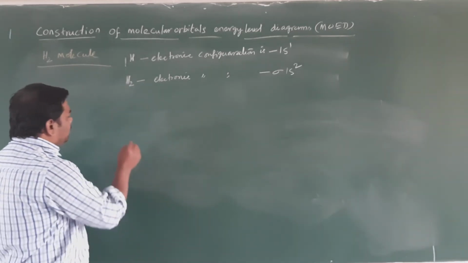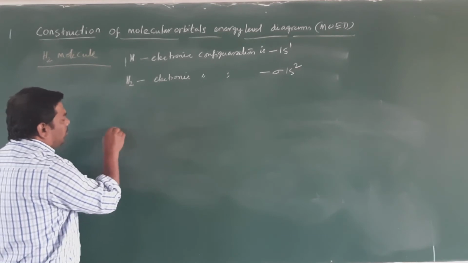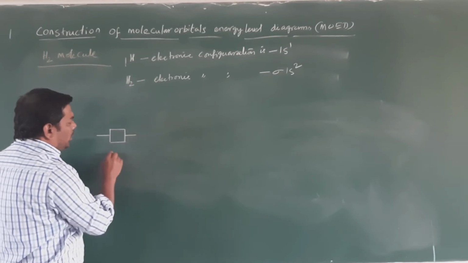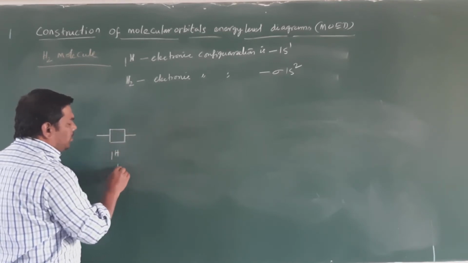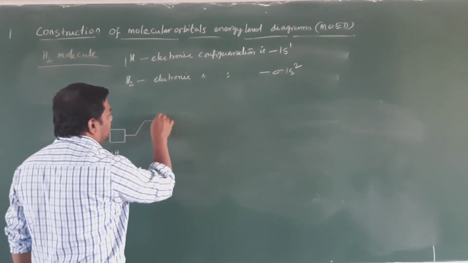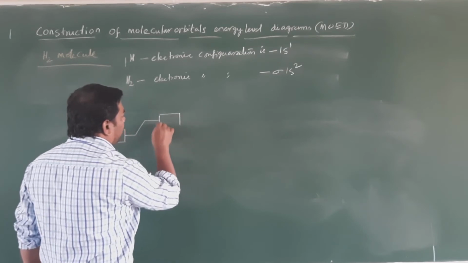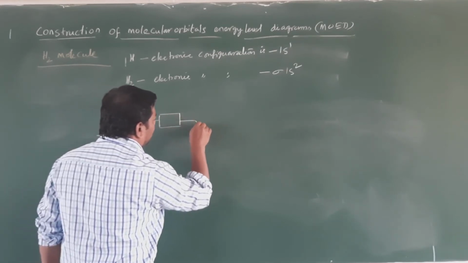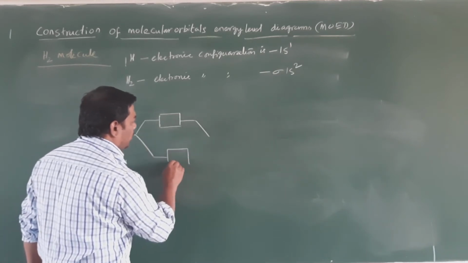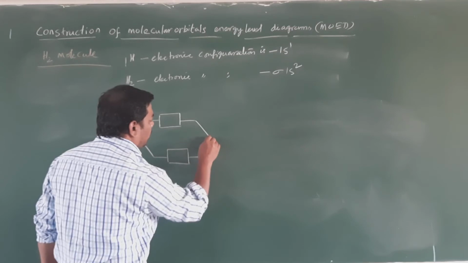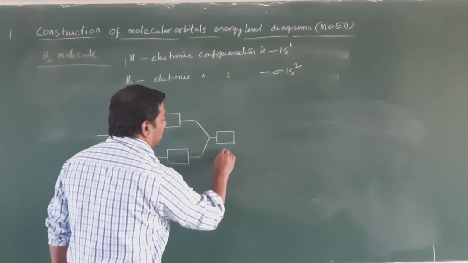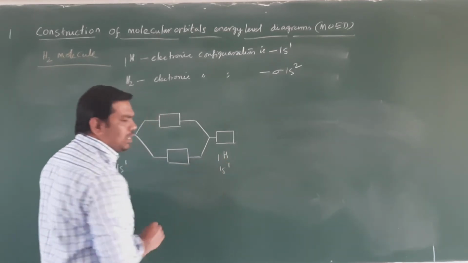Here this is the atomic orbital of a hydrogen atom with 1s1 configuration, and this is the molecular orbital, and this is another hydrogen atom with 1s1 configuration.